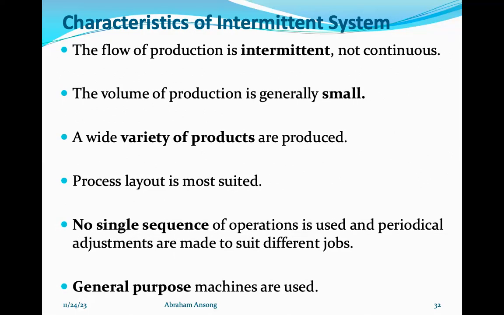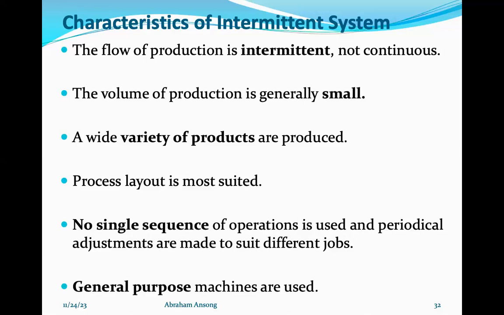The volume of production is generally small. If we compare it with the continuous or the flow, intermittent systems, the volumes are normally very, very small. A wide variety of products are produced.